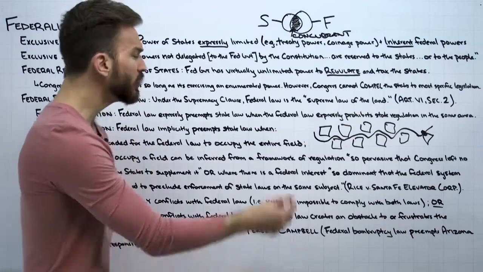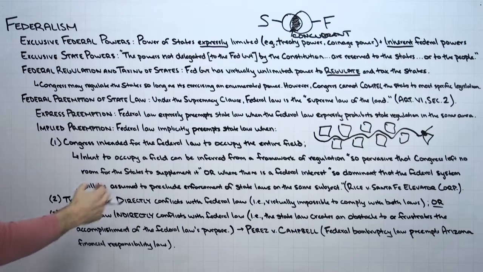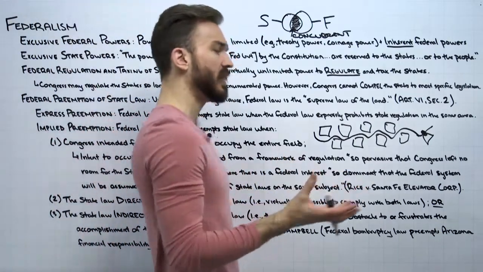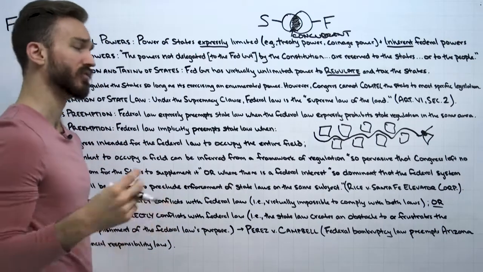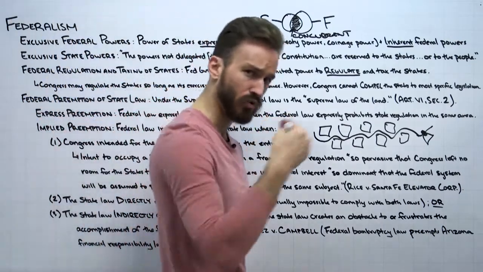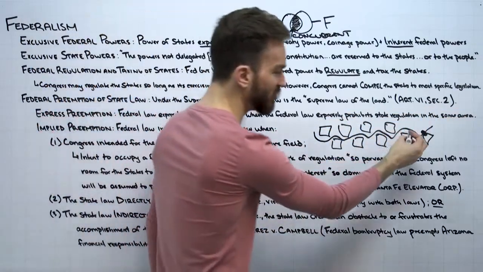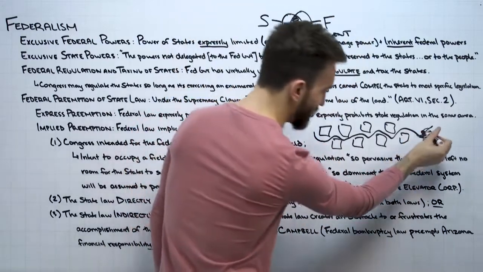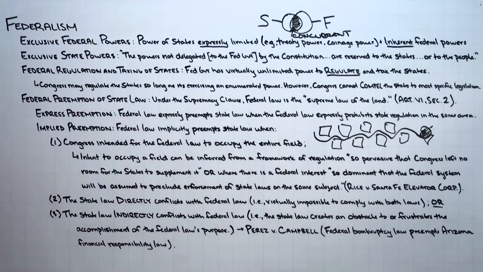So field preemption is one of the strongest of these categories of implicit preemption. If the feds have come in with a very pervasive framework of regulation that leaves really no room for the states, and the states try to touch on that field, no matter how slight, that area is going to be preempted. The states can't do that.